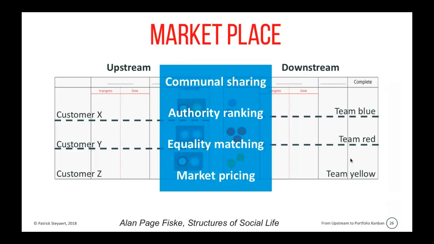It could be through equality matching, where each customer gets their own turn, or it can be organized as a real market, through a market pricing mechanism, where we actually need to bid for the cap tokens. So we really see the portfolio turning into a marketplace where demand and supply is matched.